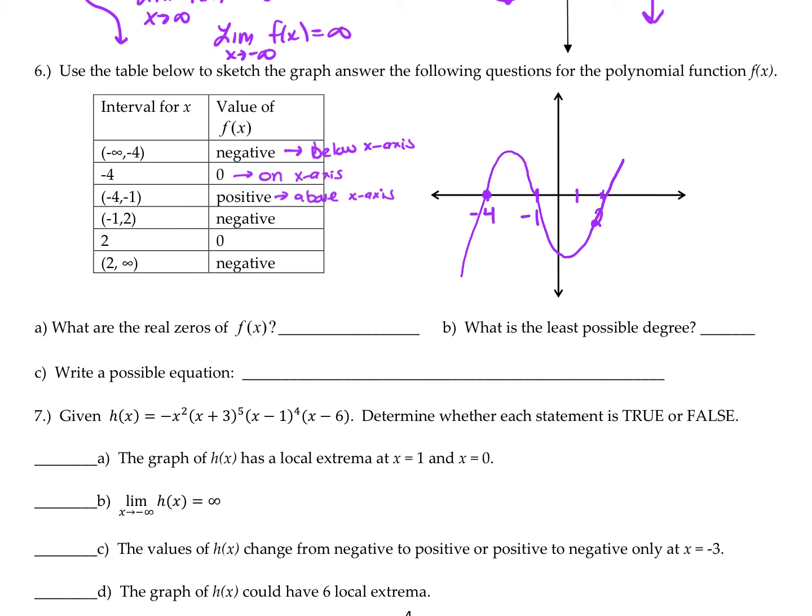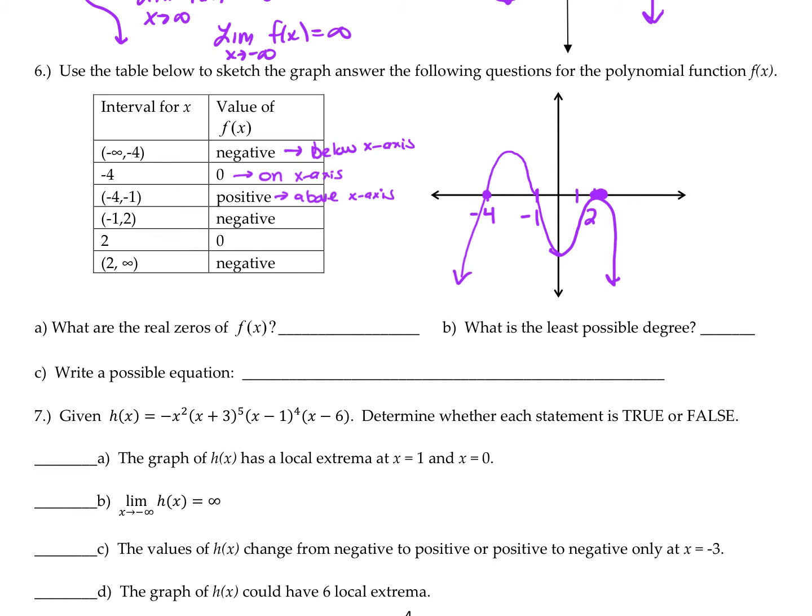But then after 2, it actually stays negative, but it does hit at 2. So that's actually going to look more something like bouncing off 2 and then going down. Say 2 is more like right there. So it starts negative and ends negative.